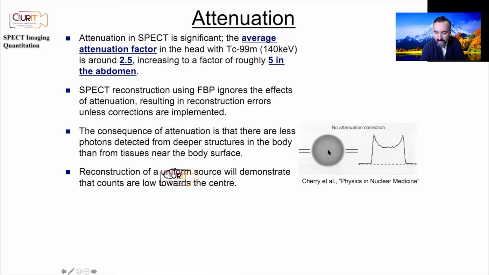So you're going to lose a lot more counts from something coming from the center than something from the edge. Because if this thing is at the edge, going this way or that way, it's not losing anything due to attenuation. So you're definitely getting more attenuation in deeper structures. So if you image and don't do any attenuation correction, you may get this dip that is commonly seen.